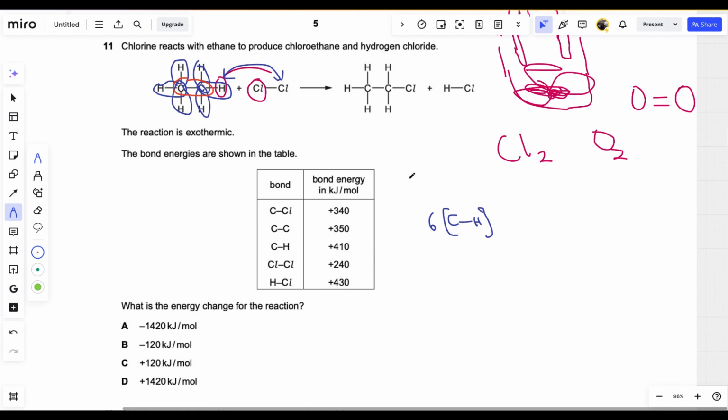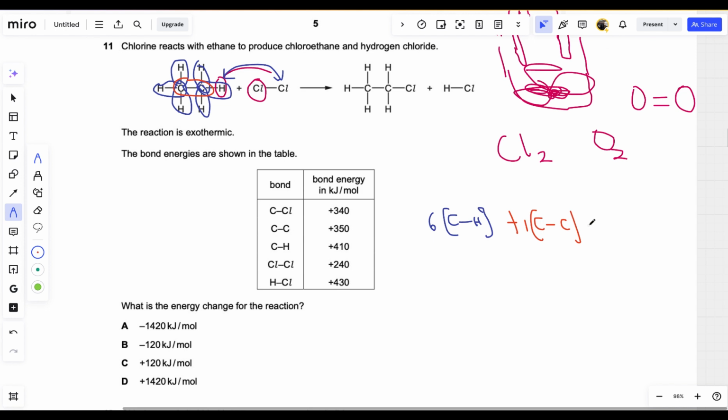So you say plus C-C, that one is only once. If it's twice, you multiply by 2. If it's once, you just leave it. So we're done with C-C.